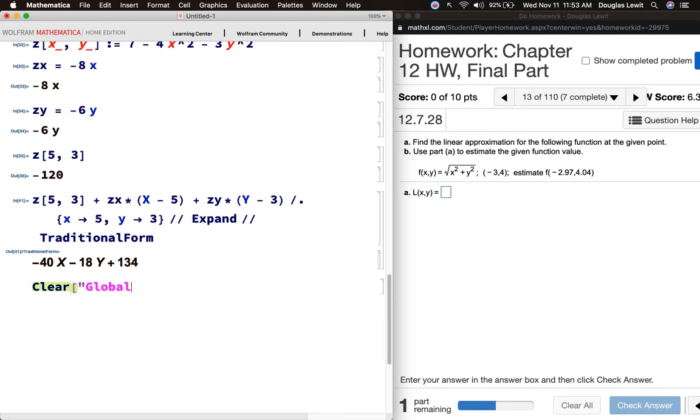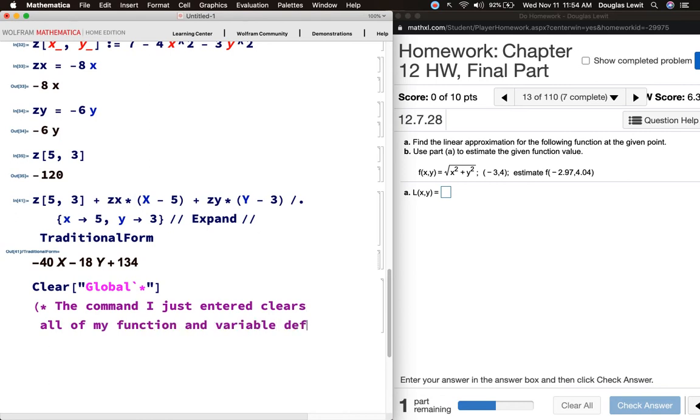Clear global everything. So what does this actually do? The command I just entered clears all of my function and variable definitions. Okay?